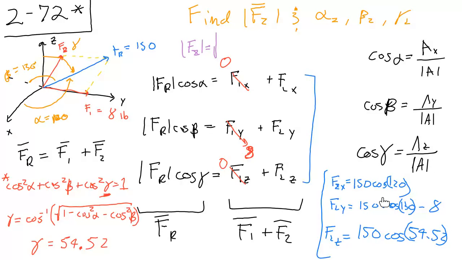Kind of out of room. You'll take each one of these, square them, then put it under this square root here. Okay. So lastly, before I move on to the next problem, oh yeah, we still have to find alpha, beta, and gamma, which are the directional angles for F2.